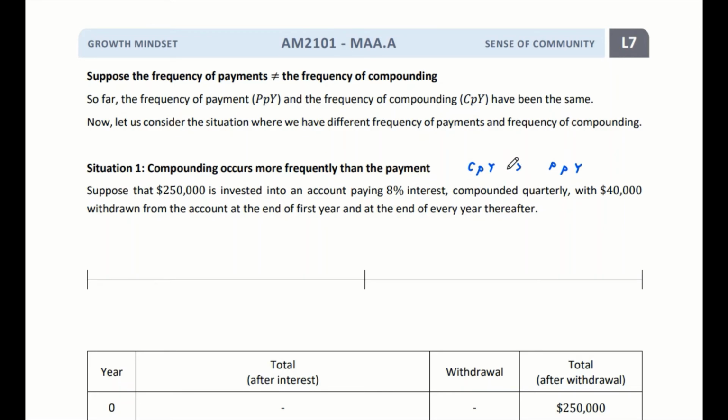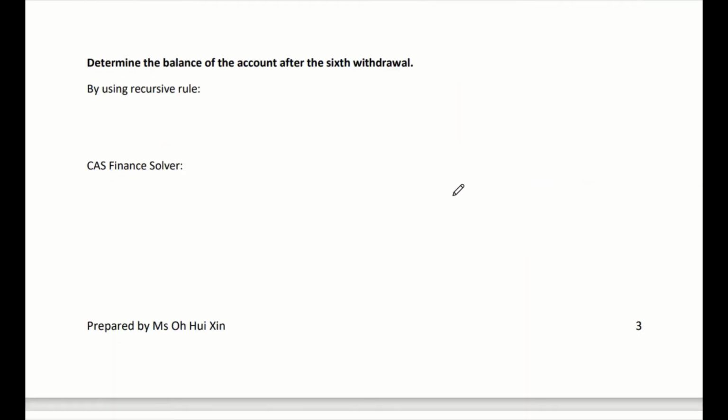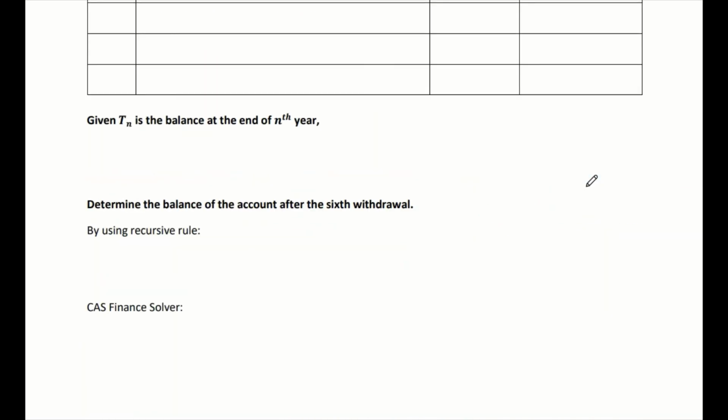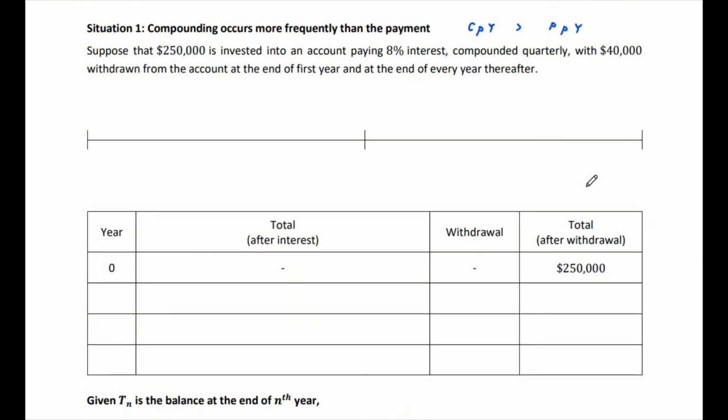So CPY is more than PPY. The second situation later is where payment occurs more frequently than compounding, which means the PPY is more than the CPY. So those are the two situations that we are going to deal with separately. Okay, so let's look at situation one first.